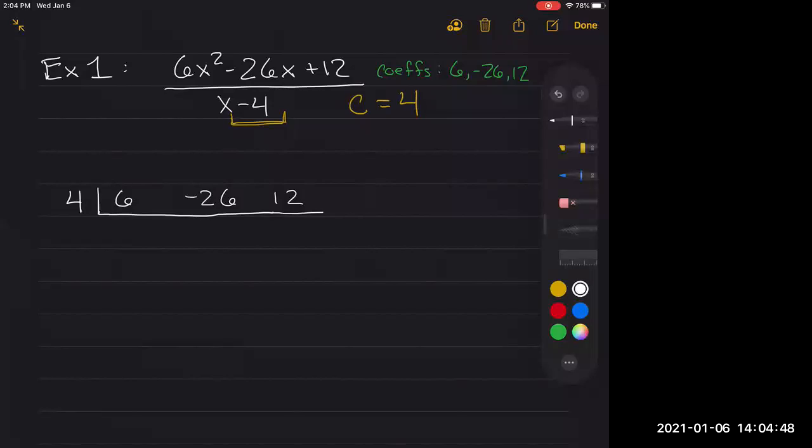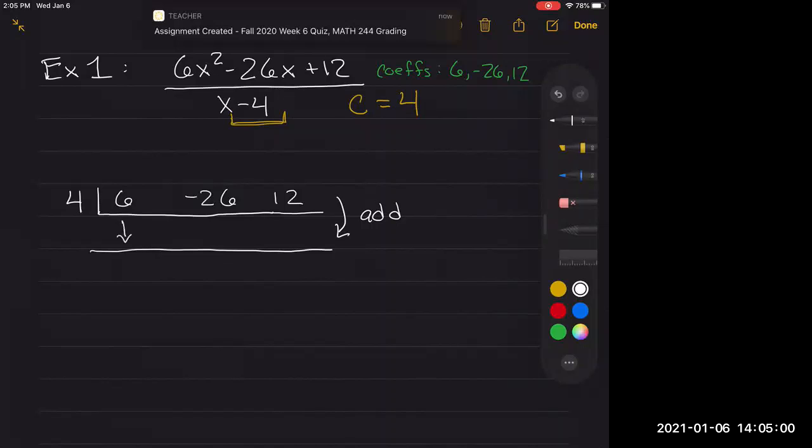And we're going to add the numbers that we add here, and we're going to multiply. So first, our first step will be, you just bring the first number straight down. You have a 6. And then we're going to do 6 times 4. We're going to multiply. And 6 times 4 is 24.